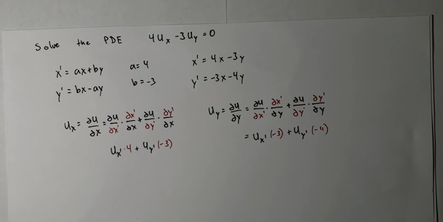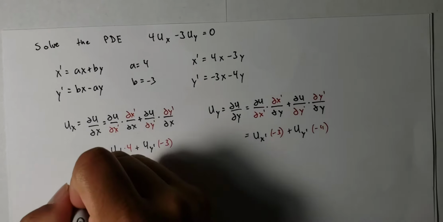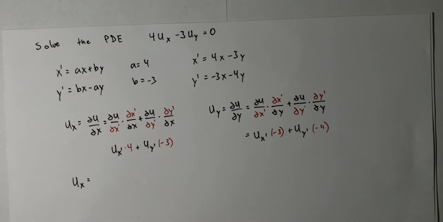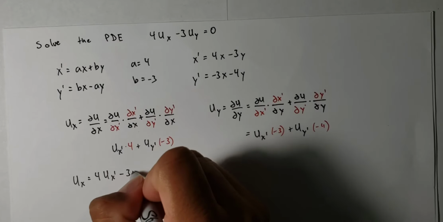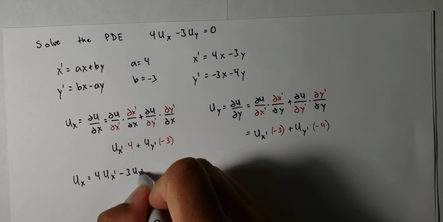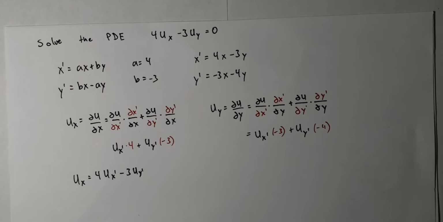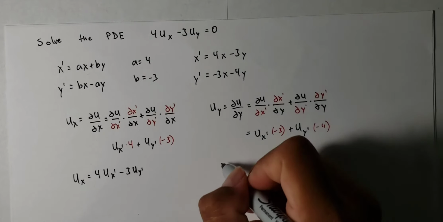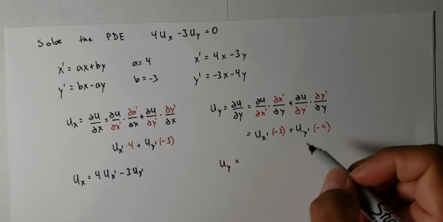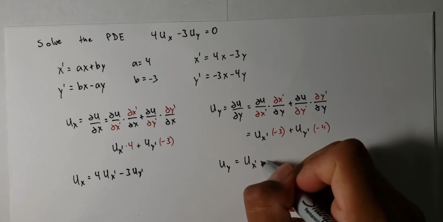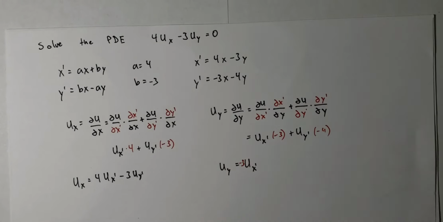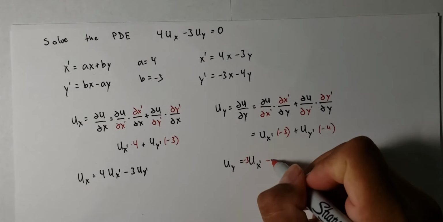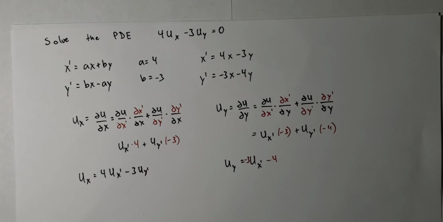So now we have that u of x is equal to 4 u of x prime minus 3 u of y prime. And here we have u of y is equal to -3 u of x prime, and -4 u of y prime.